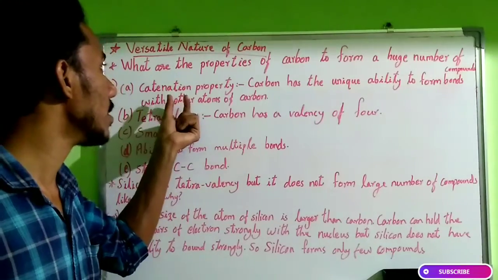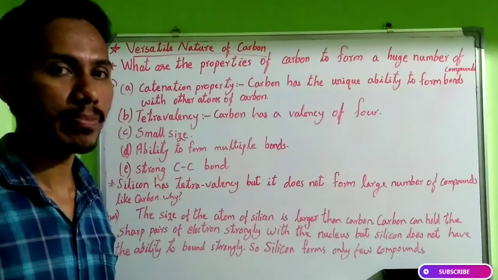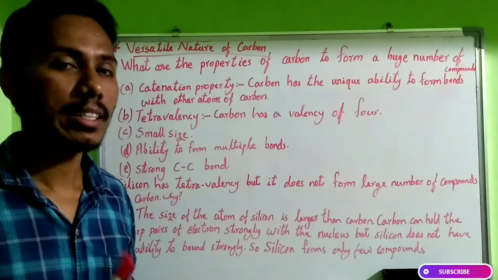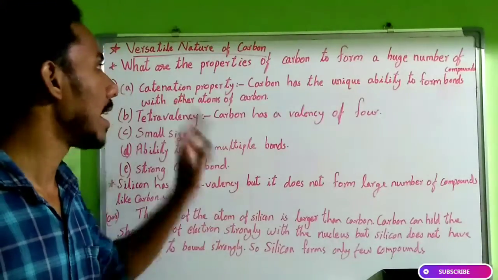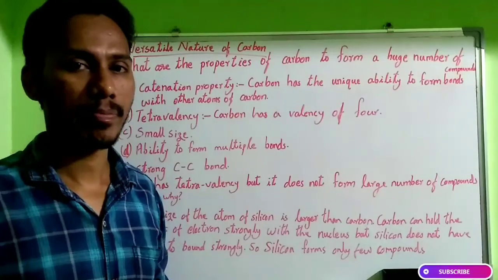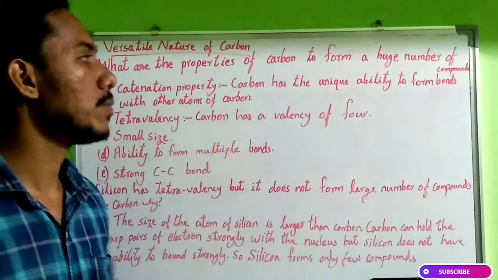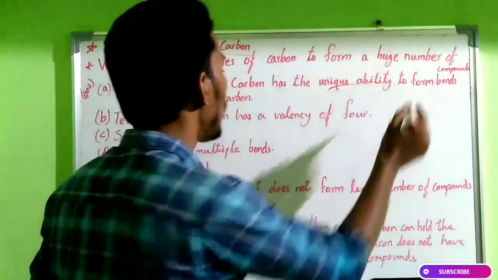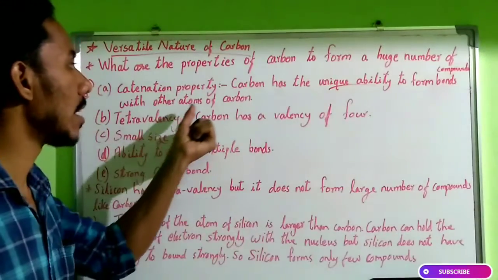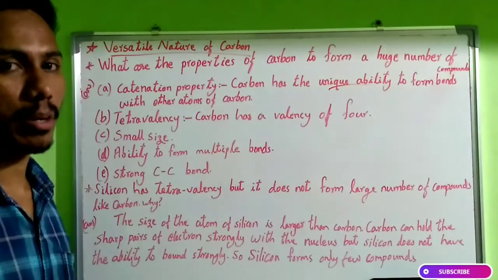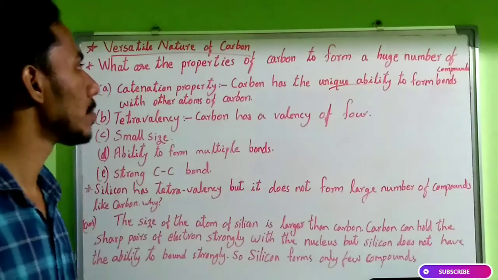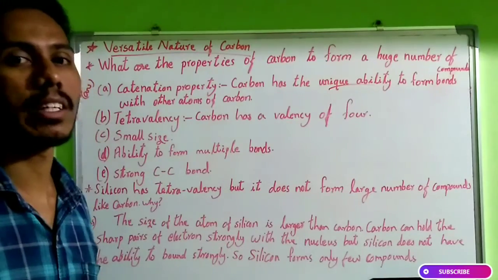The first answer is the catenation property. It is also a separate question: what is the catenation property of carbon? Carbon has a unique ability to form its compounds with other atoms of carbon. Catenation property means self-linking property.